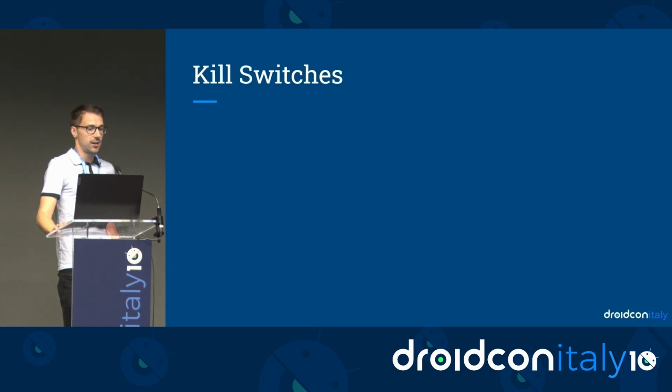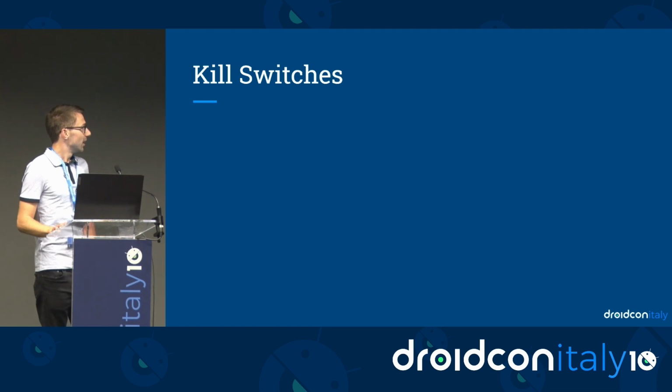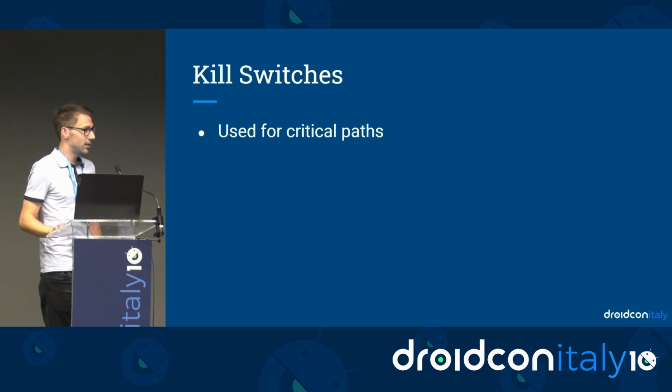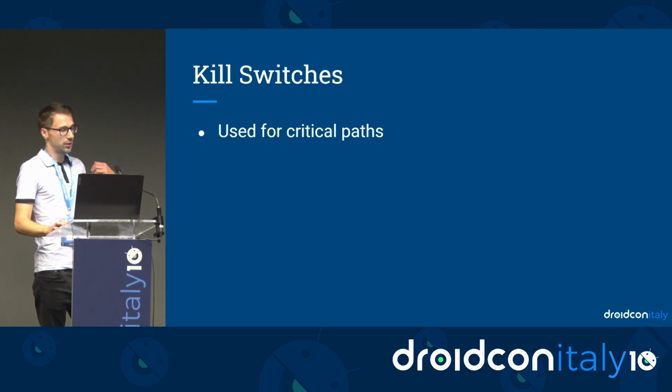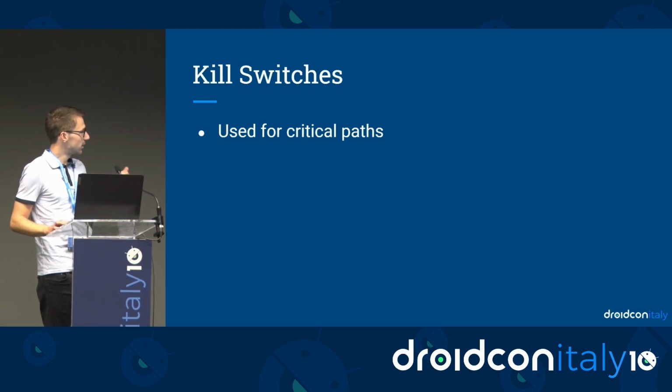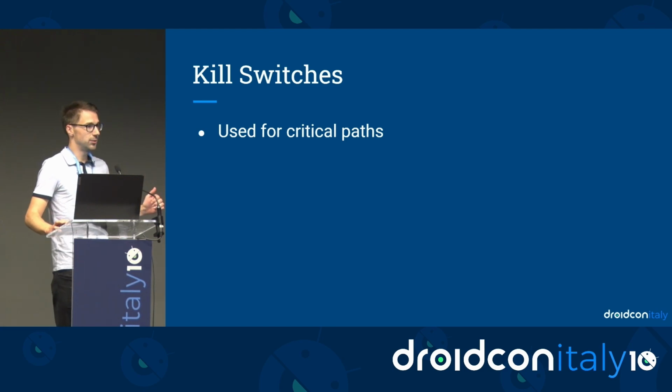Another type are kill switches. So kill switches are similar to Boolean feature flags, but they're used for critical paths. So we talked about having a feature flag and disabling a feature with it. And kill switches are basically used for that.